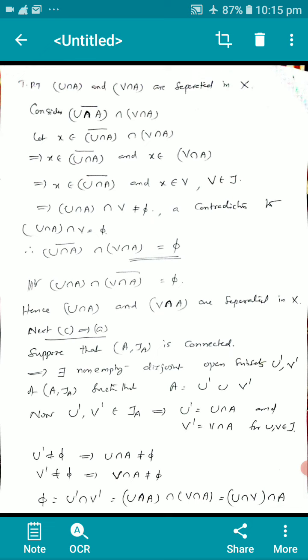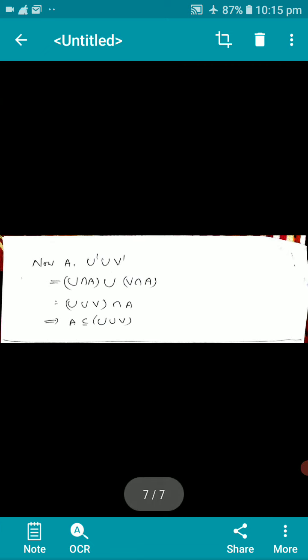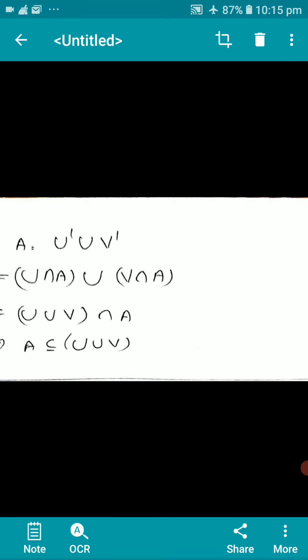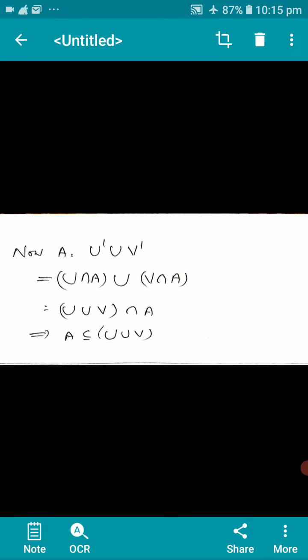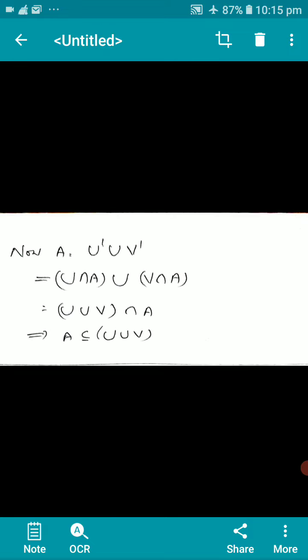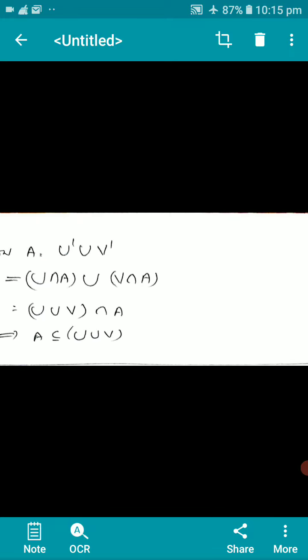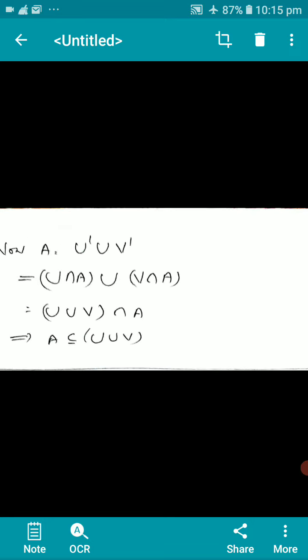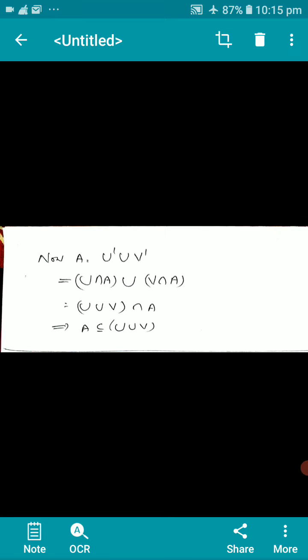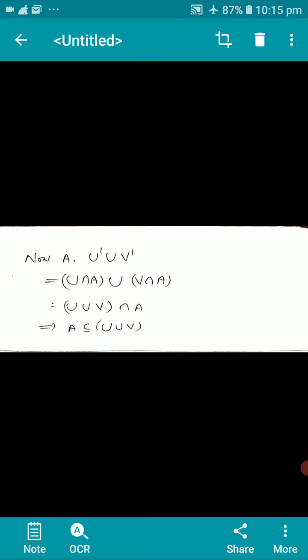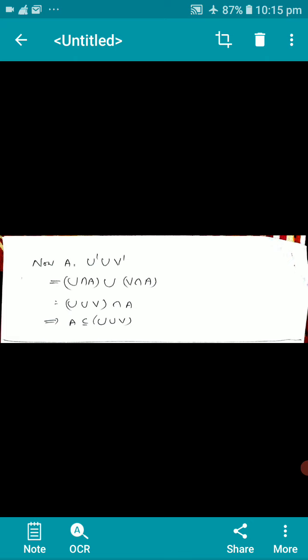U intersection A. V' is V intersection A. So their intersection is empty, that is U intersection V intersection A. Now A equals U' union V', that is U intersection A union V intersection A, that is (U union V) intersection A, which implies A is a subset of U union V. Hence the proof is completed.